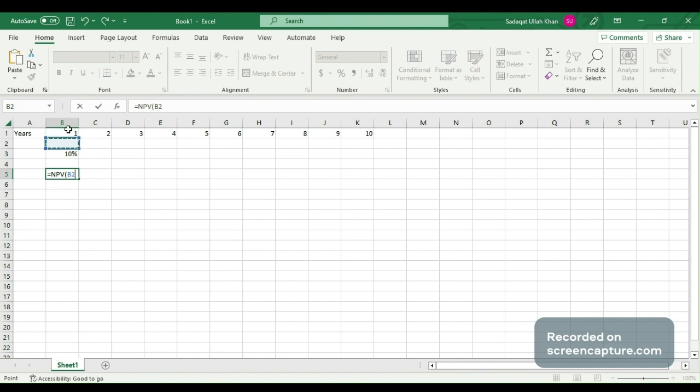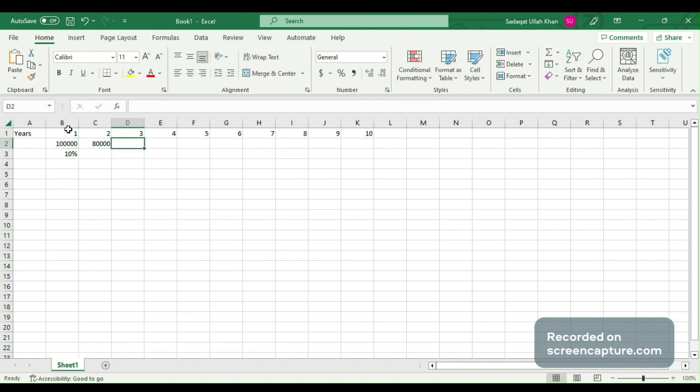In the first year, we invest 100,000. Second year, 80,000. Third year, 95,000. Fourth year, 100,000, and so on.